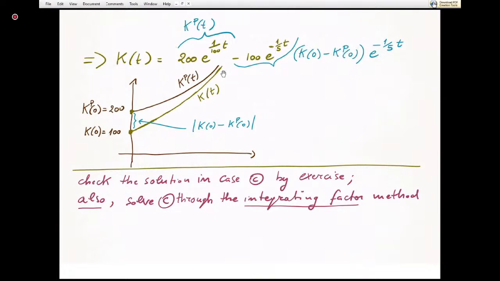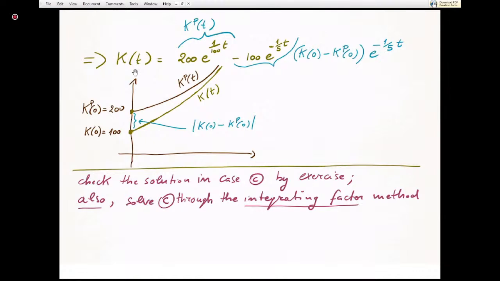So basically, it is similar to a situation in which we have a steady state, and the role which usually is played by a steady state is now played by this particular solution, which is this one.